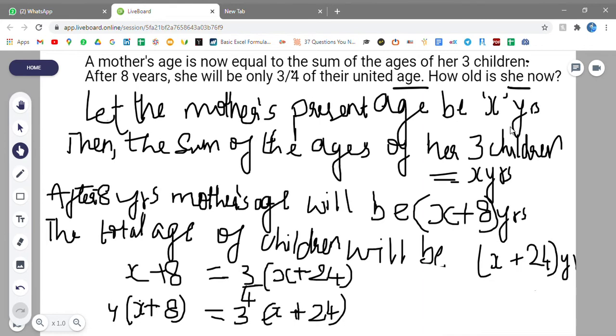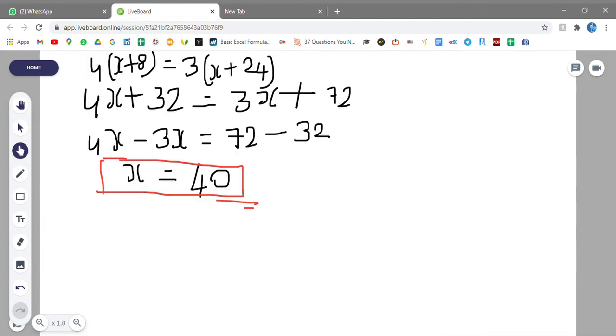Now after understanding x being 40 years, we can actually define the age of the children also. But if you see everywhere, the age of the mother is equal to the age of her 3 children. So what is required for us to find out? How old is the mother presently? So we found the value of x, that is x is equal to 40.